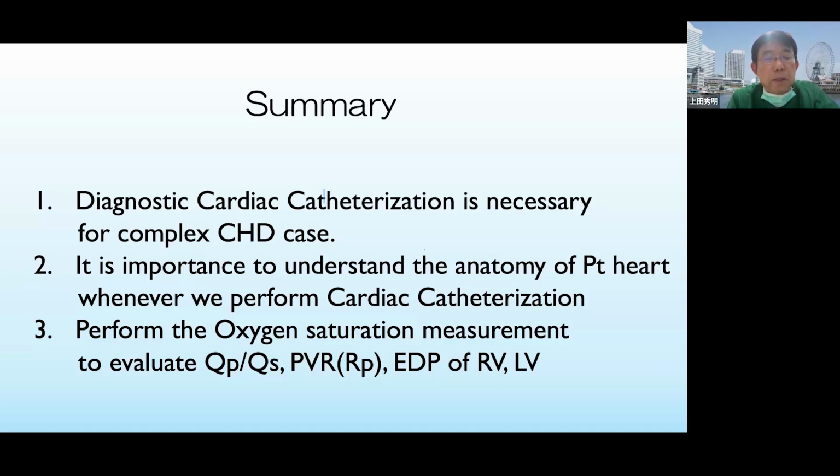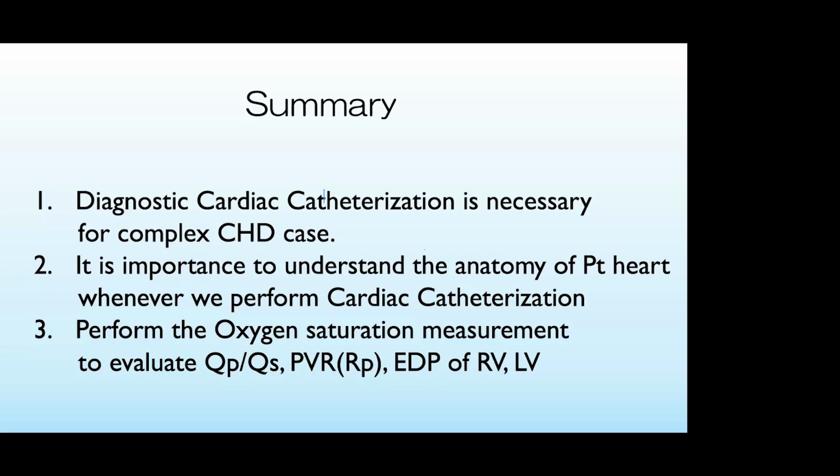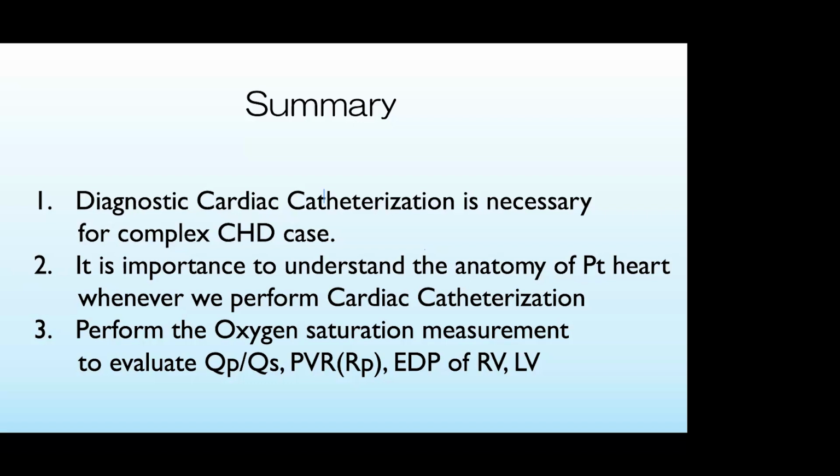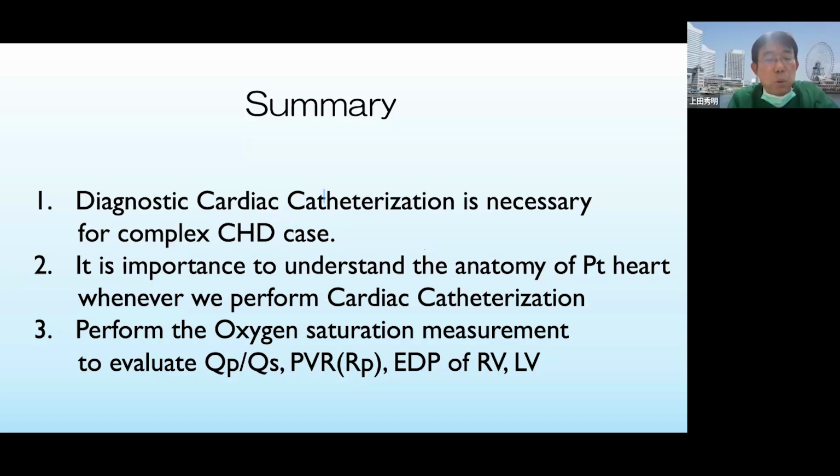So once you place the device in the defect, the pulmonary artery pressure would suddenly jump up and the injured right ventricle cannot be controlled, so congestive heart failure would happen soon after the closure.